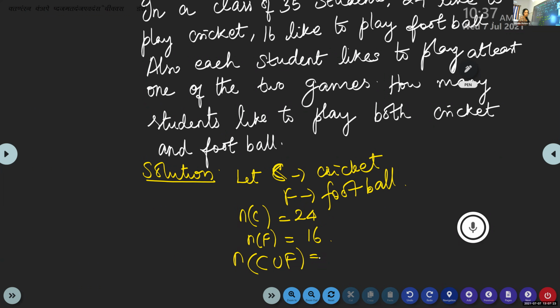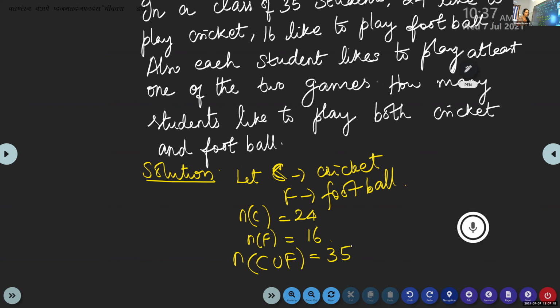So total how many students are there? 35 students are there. So n of C union F is 35. What we have to find? How many students like to play both? Both means first game and second game. Both means it should be present in both the sets.